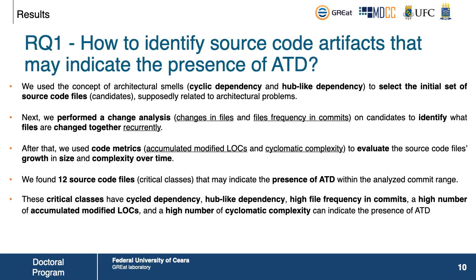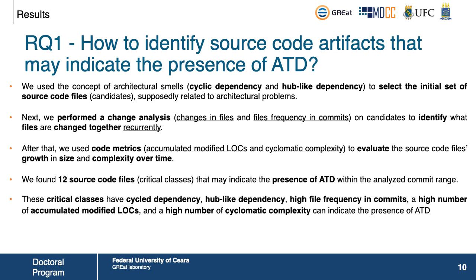Talking about the results. For RQ1, we use the concept of architecture smells, more specifically cycle dependence and hub-like dependence, to select initial sets of source code files, supposedly related to architecture problems.